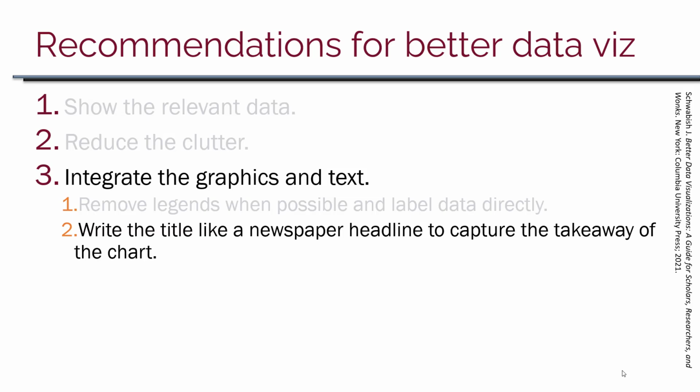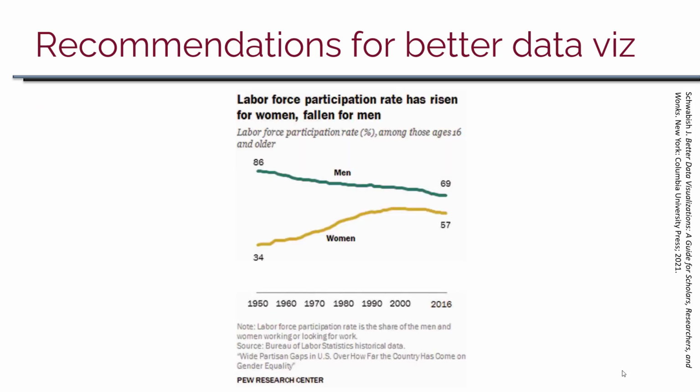Here's what I mean. Instead of saying "labor force participation rate," which could be the title, you make it a conclusion: the participation rate has risen for women, fallen for men. When I say conclusion, I don't mean put a paragraph as your title. It has to be very short, but you can put it as a punchline.